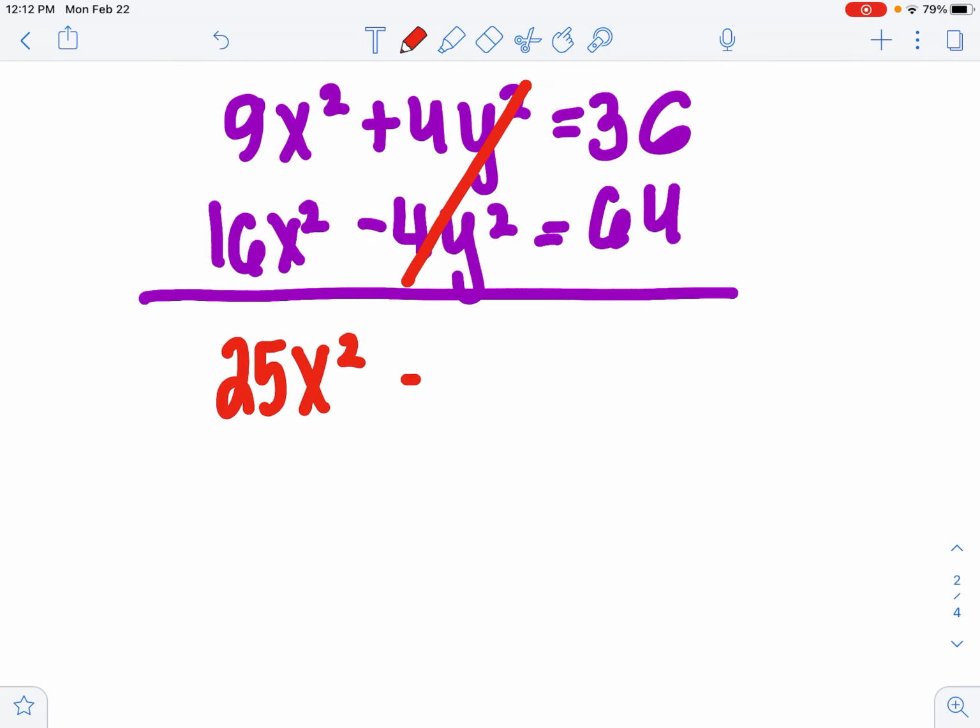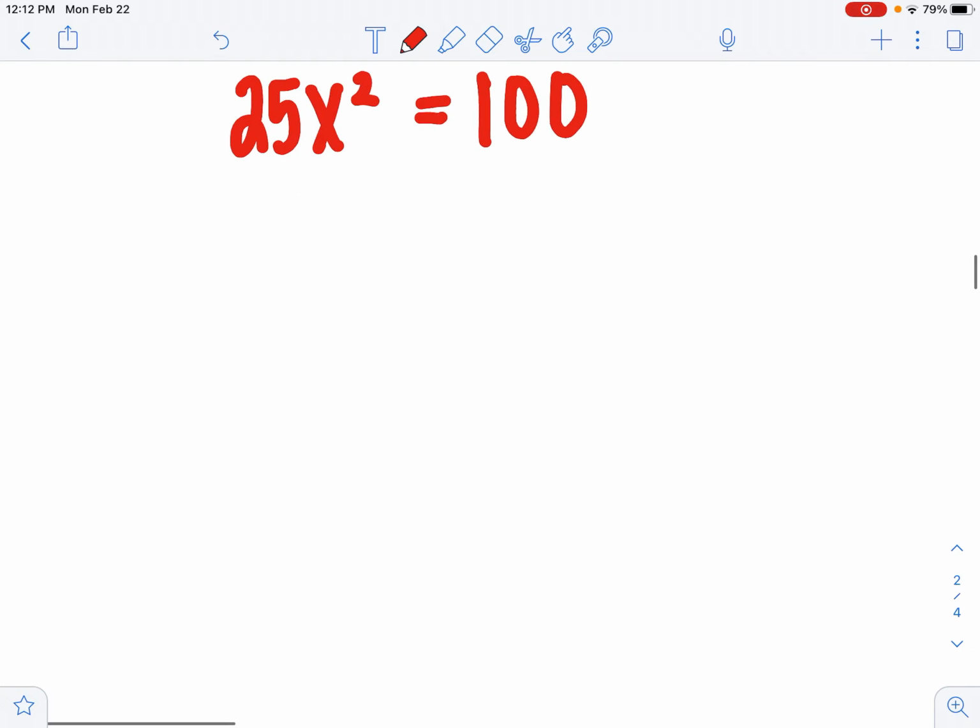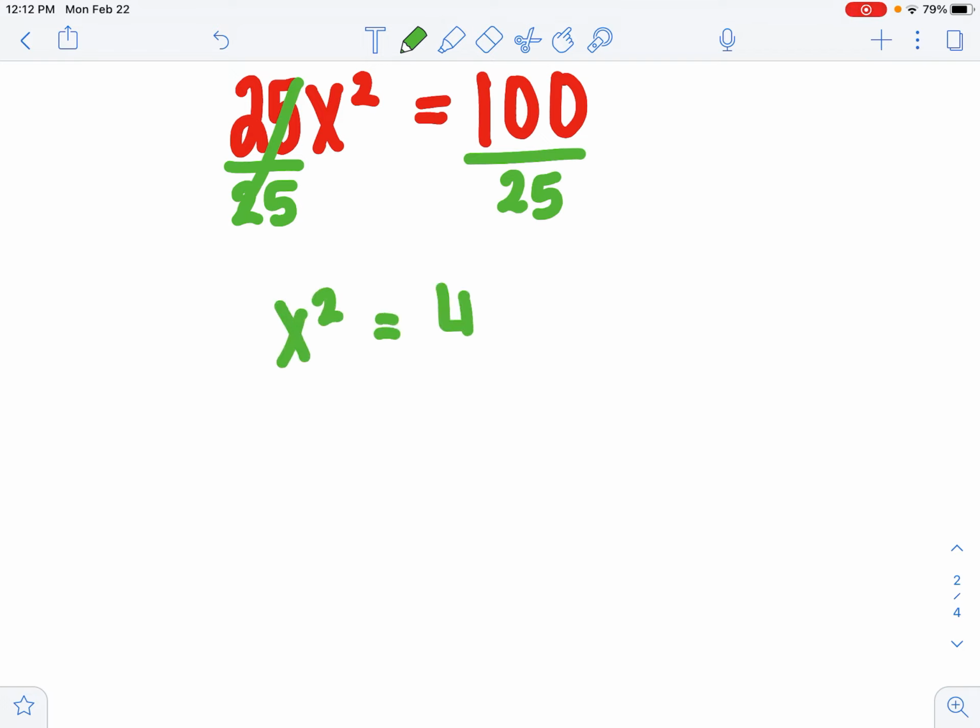Now I can combine these and a variable will eliminate. 25x squared is equal to 100. I need to solve this by square rooting, but in order to square root, x squared has to be by itself. So I divide both sides by 25 first.